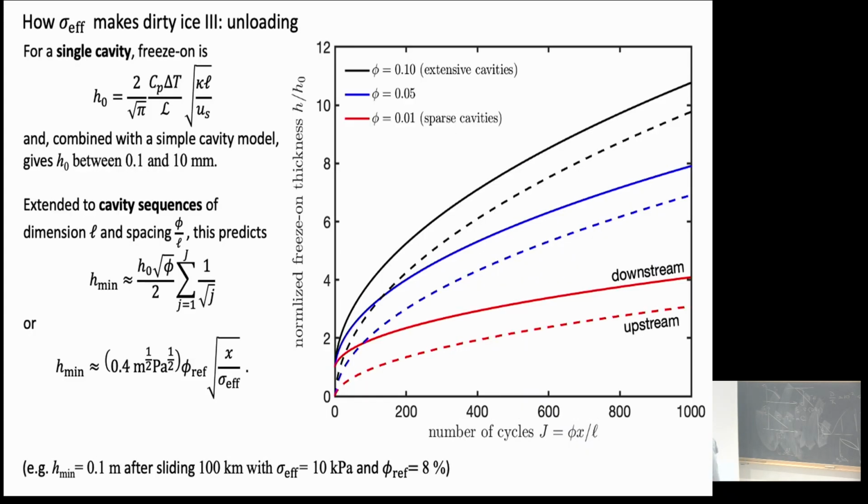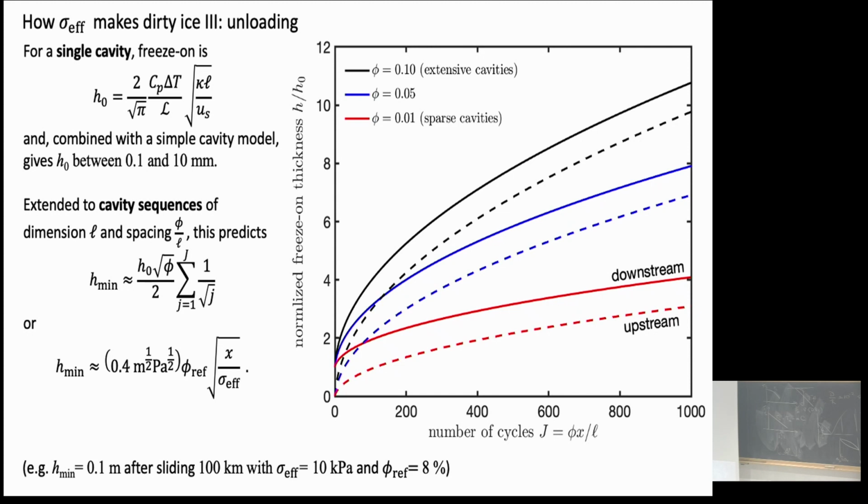Numerically, how does this all work? It turns out it's a pretty simple balance to solve. You can solve the heat equation to calculate the temperature distribution and ask yourself how much ice is going to freeze on over the time that you're sliding over a pocket of ice. And helpfully, that thickness depends inversely on the Stefan number, which is right here.